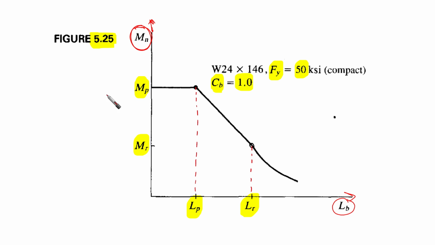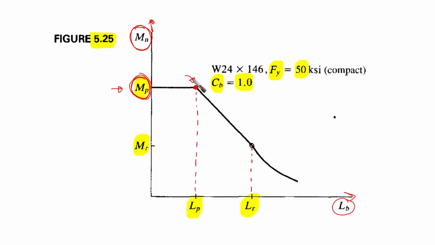As we have explained before, the horizontal line of this part represents Mp, the plastic flexural moment that can be developed for compact sections, which we said is considered to be higher even than yield. After that, we reach a point here which is solid. Take care of this, it is solid, not hollow, because later it is going to be a hollow point on the curve.